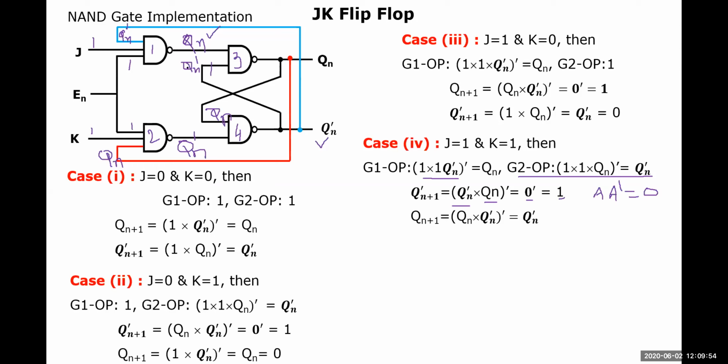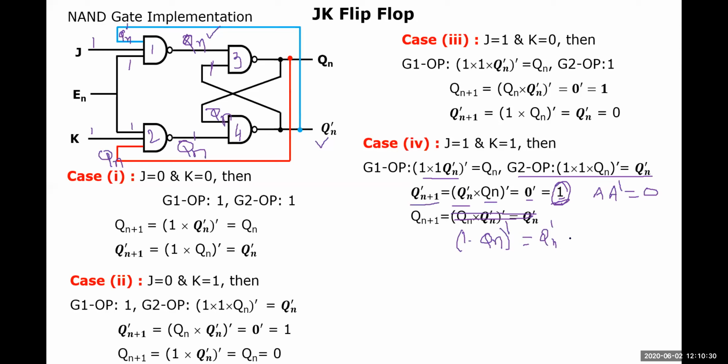Instead of substituting this particular value, you have to substitute whatever value you got here. Now it could be considered as 1 into Qn whole complement, which equals Qn complement. Whatever value you got here, the Qn plus 1 complement value is 1.